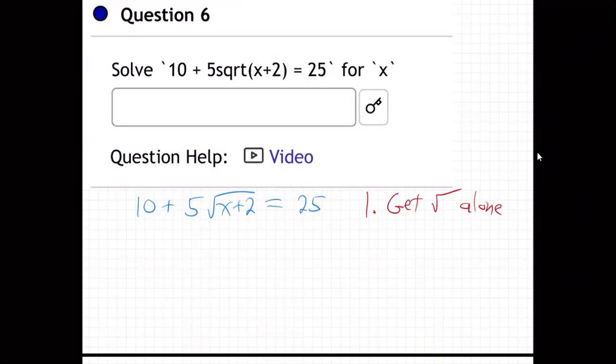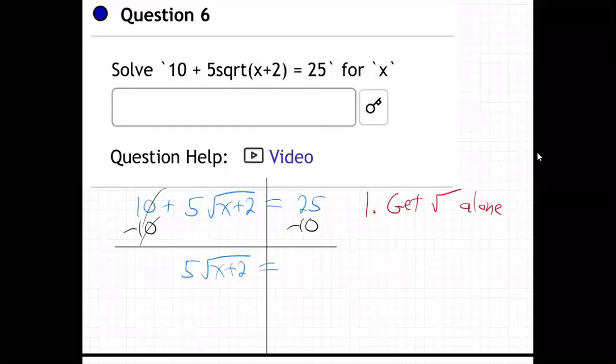All right, so let's get the square root alone. So to do that, here's our equal sign with the 2 sides. So we're going to subtract 10 from both sides. Get 15 over there.